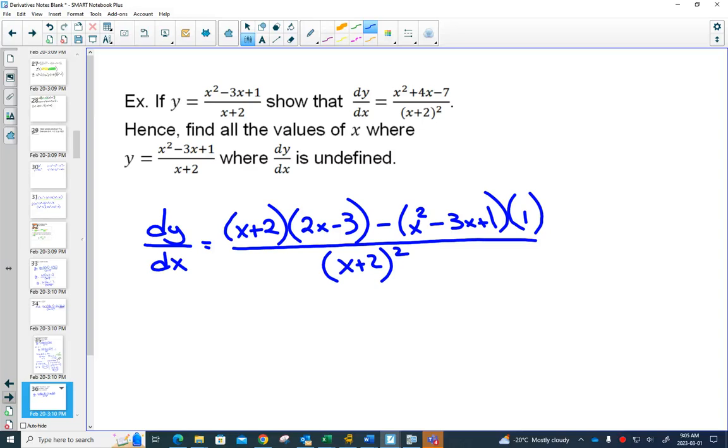And obviously it doesn't match with what the show that is, but I do take some time, just like in an identity, to sort of look at what I want it to look like and look at what I have to determine what might be the best thing to do next algebraically. So first thing I noticed was that my denominators are already the same.